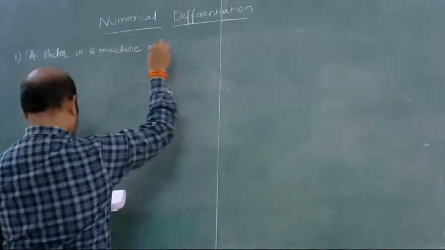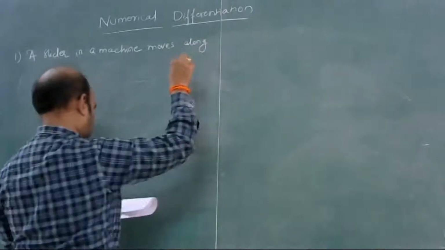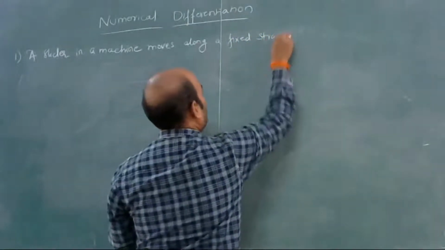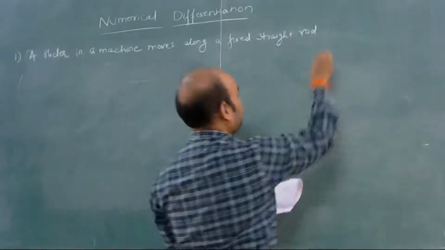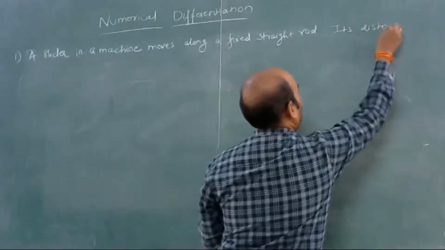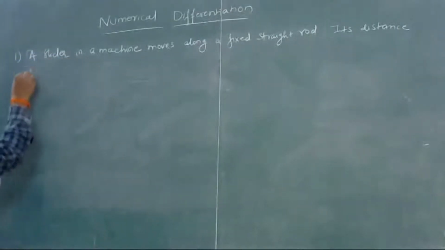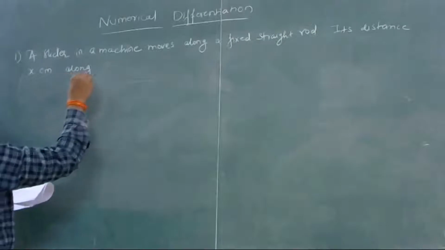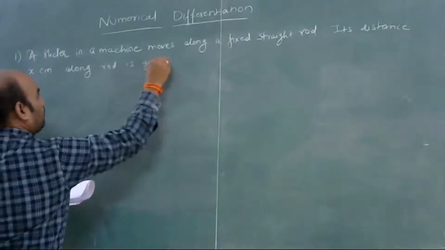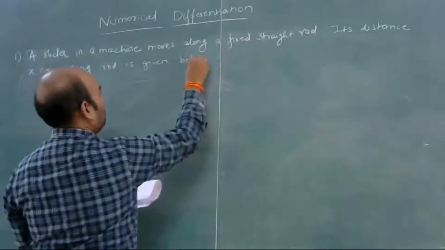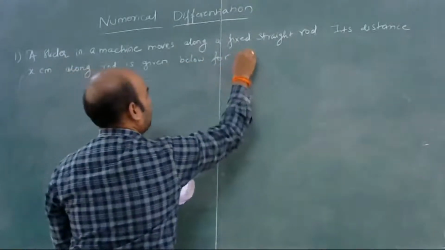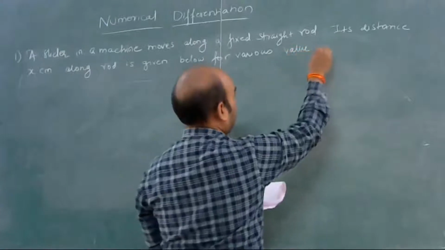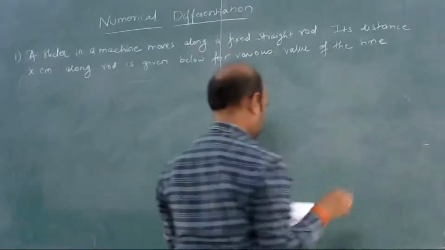Moves along a fixed straight rod. The distance x centimeter along the rod is given below for various values of the time.